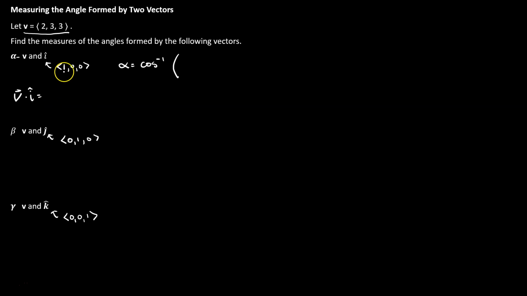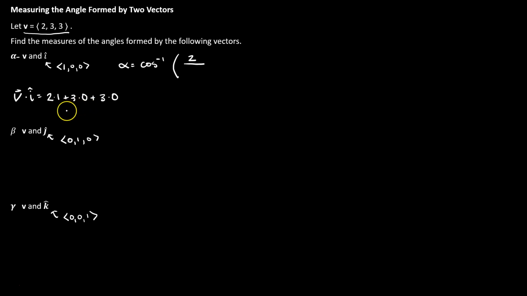So it's really just the 1 in the x position from the i hat unit vector times the 2 in the x position from the v vector. So that dot product is 2. Quick calculation. We could write it out and show that we're multiplying a bunch of terms to zeros, but if we see that quick calculation, then maybe we don't waste our time writing it out.